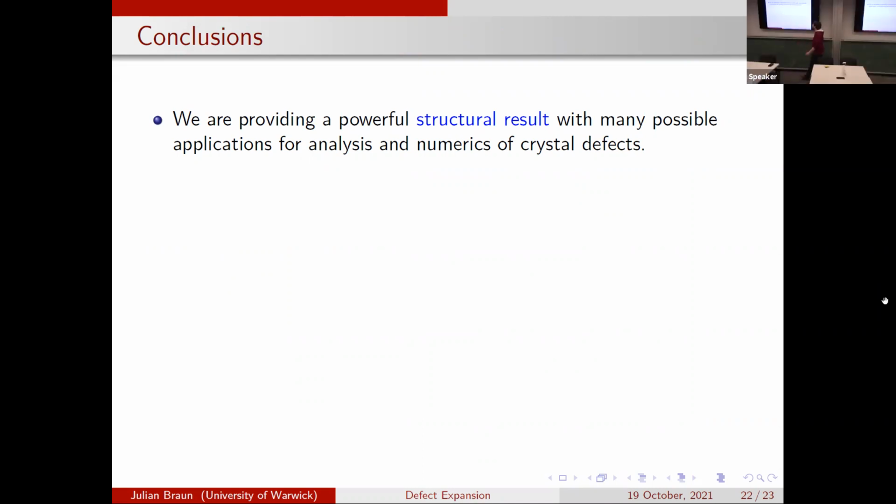A few minutes left. So overall, what we are providing here is a powerful structural result. And I think there are many possible applications for analysis and numerics of point defects because it really gives you a lot of details on how these solutions behave. And I think we're just scratching the surface of what can be done with that.